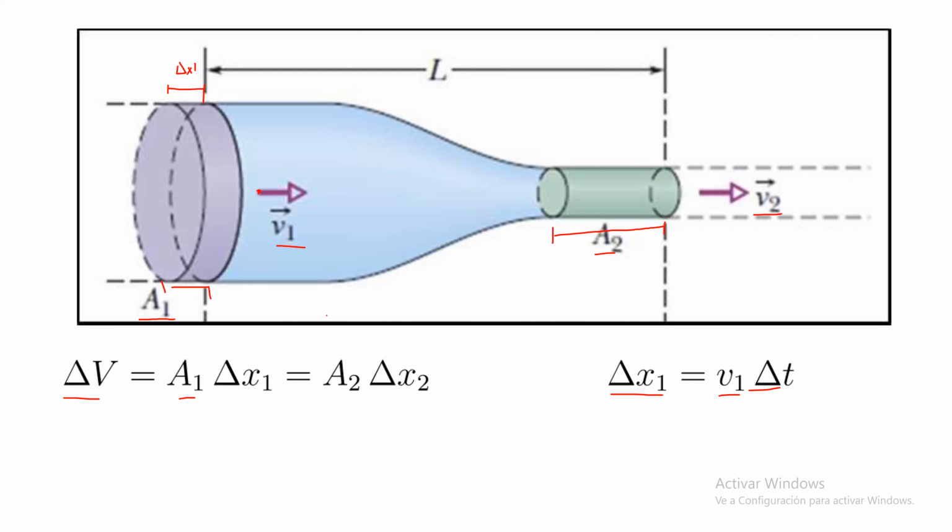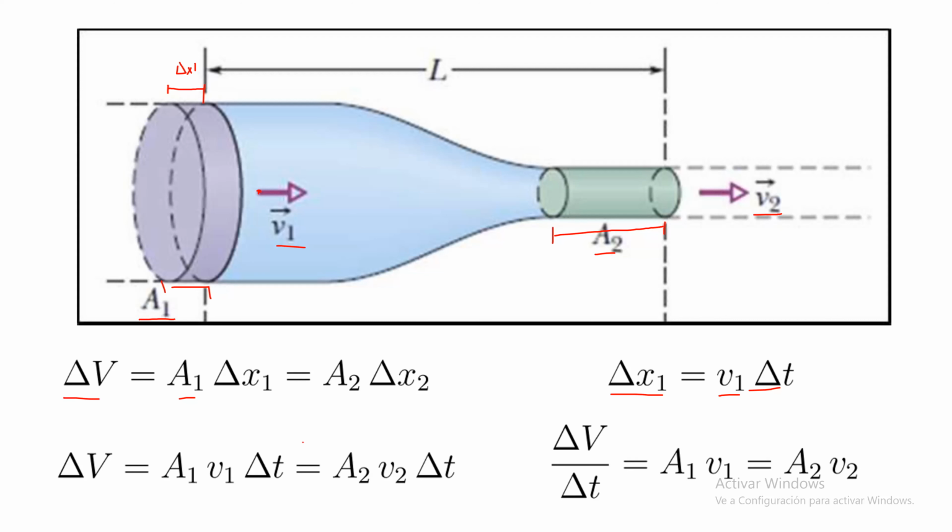So therefore, we can replace in the formula this, and we get the following formula. The change of volume is equal to area times velocity times the change of time. And this equation does not change as they are the same. But then we can divide everything by the change of time, and we get that the change of volume divided by the change of time is equal to the area times the velocity of each of these parts.